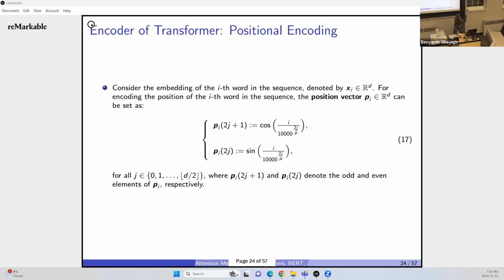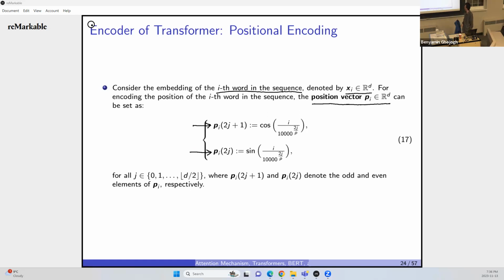So consider the embedding of the ith word in the sequence, right? So I denote it by x_i, and x_i can be the word2vec embedding of the ith word. It doesn't have order in it, right? For encoding the position of the ith word in the sequence, we define position vector p_i, which is also d-dimensional, right? Where the odd elements of p_i are this, and the even elements are this, right?